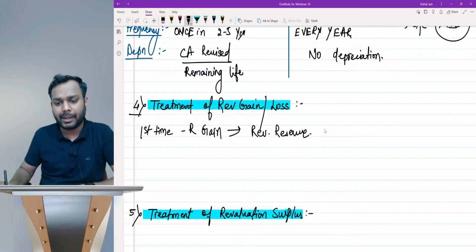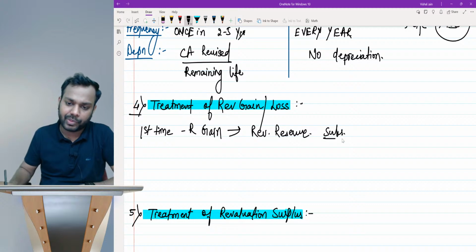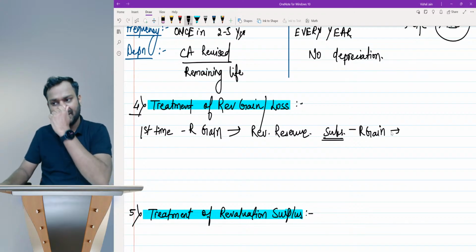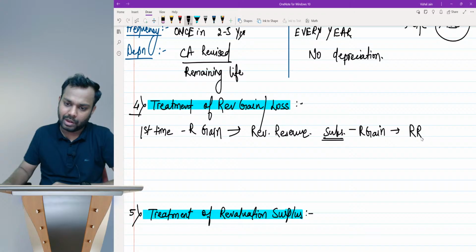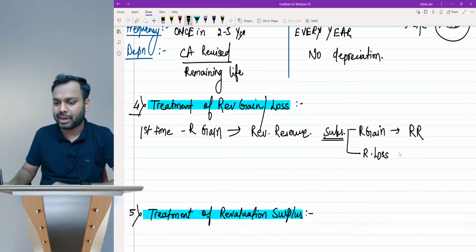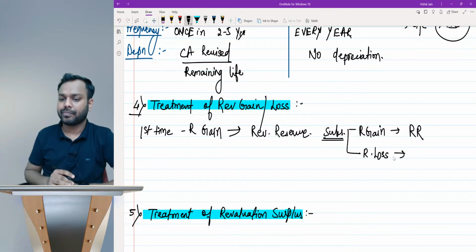Now subsequently you get revaluation gain again. Tell me, where will you transfer that? Again, revaluation reserve. But subsequently if you get a revaluation loss, tell me, where will you transfer that?